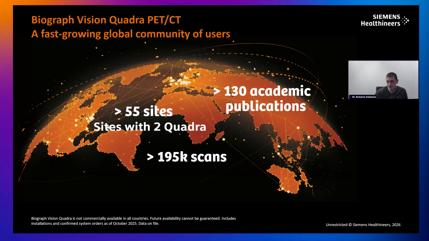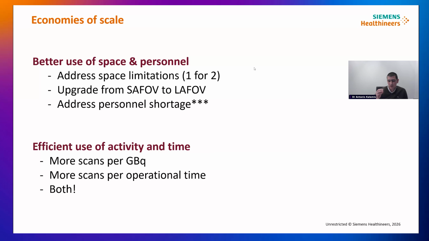People are using the systems both for clinical as well as for academic research. And from the point of view of adopting the system, the real benefit, if you want to summarize it in one thing, is the economy of scale. And scale in this case means large axial field of view.